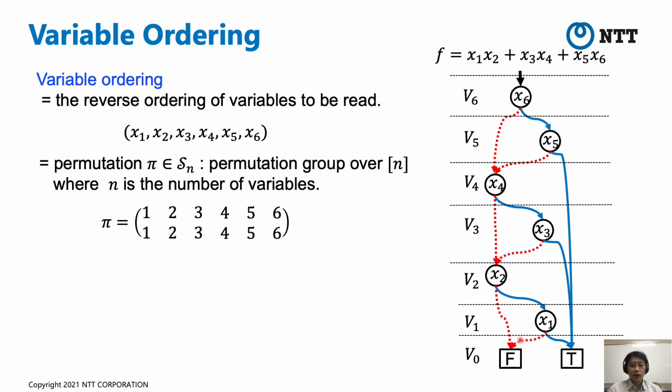So the reverse ordering will be x1, x2, x3, x4, x5, x6. This is the variable ordering. And it is easy to see that we can identify a variable ordering over n variables with a permutation over n elements.